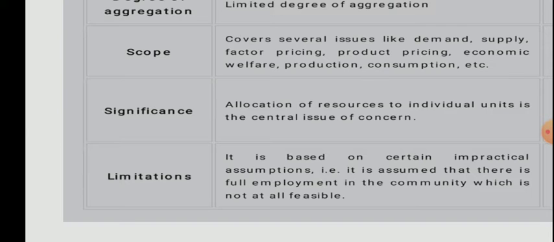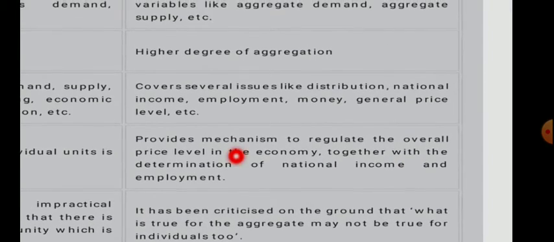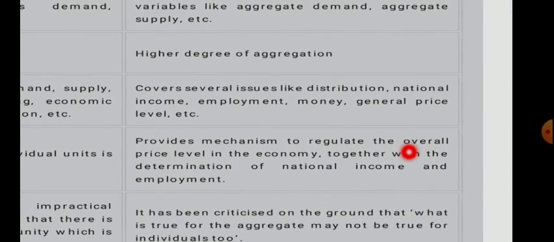So the main important thing is how to allocate resources to individual people, that is the central issue. Whereas macroeconomics provides a mechanism to regulate the overall price level in the economy, together with the determination of national income and employment, clear.